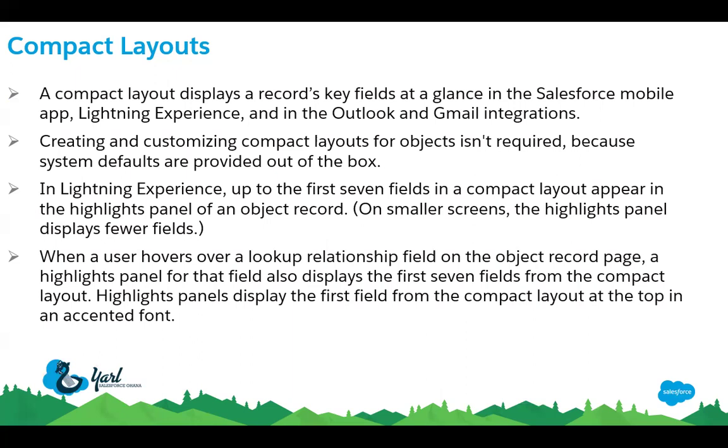When a user hovers over a lookup relationship field on the object record page, the hover panel for that field also displays the first 7 fields from the compact layout. The highlights panel displays the first field from the compact layout at the top in an accented font.